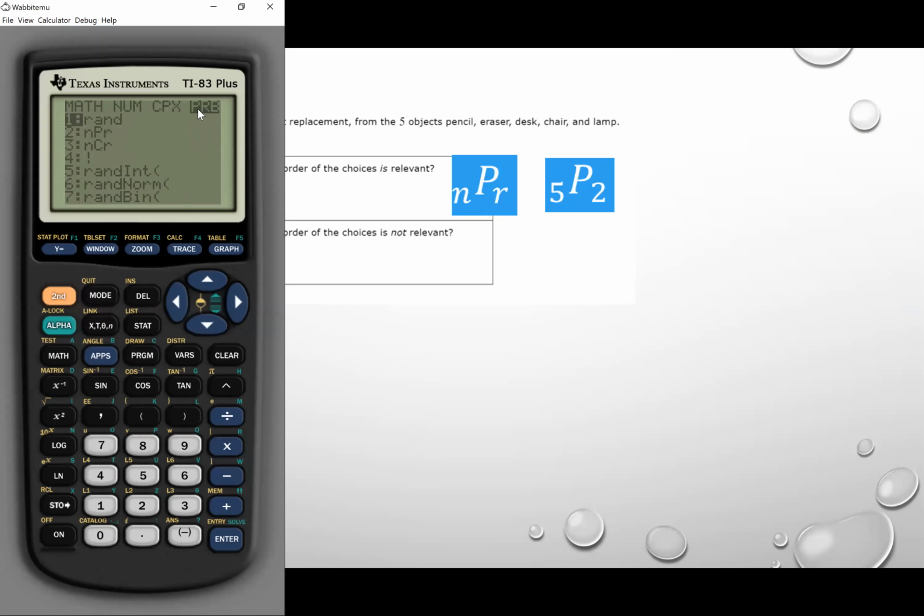Everybody see that I scroll to PRB, probability? And as you can see, option number 2 is the nPr, option number 3 is the nCr, and option number 4 is the factorial. So we are choosing the nPr, which is 5 nPr and then 2.